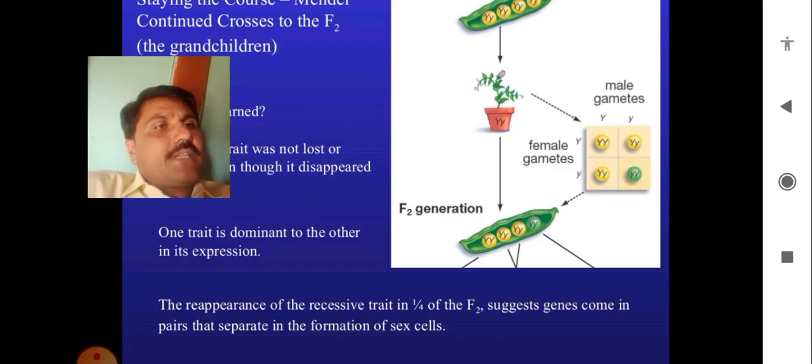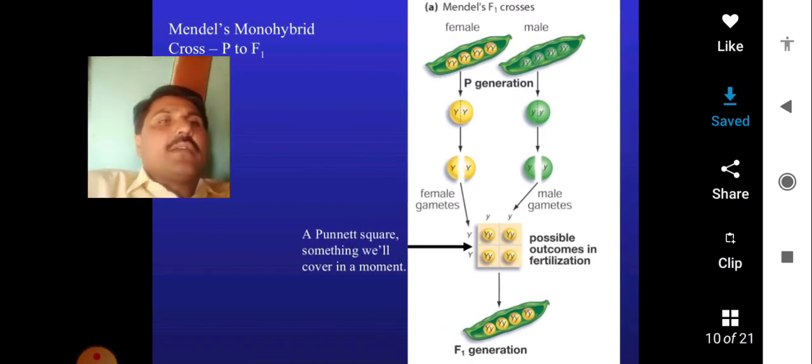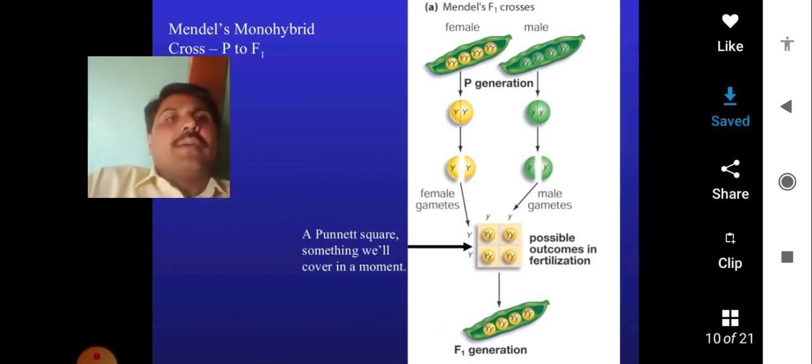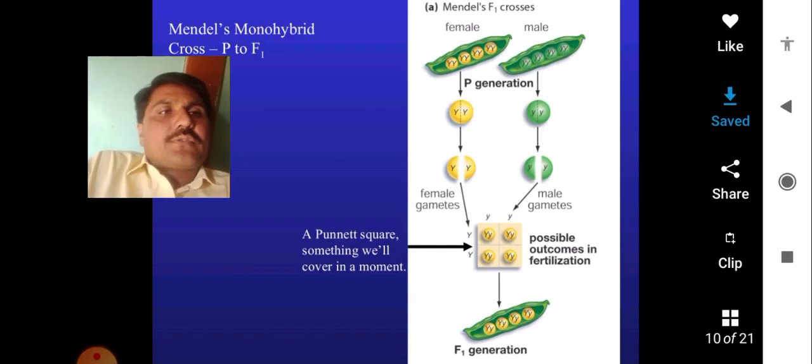That suggests genes come in pairs that separate in the formation of sex cells. What happens in the F1 generation: when we allow the pure parents to reproduce, we get the 4 seeds with the pure yellow dominant one.